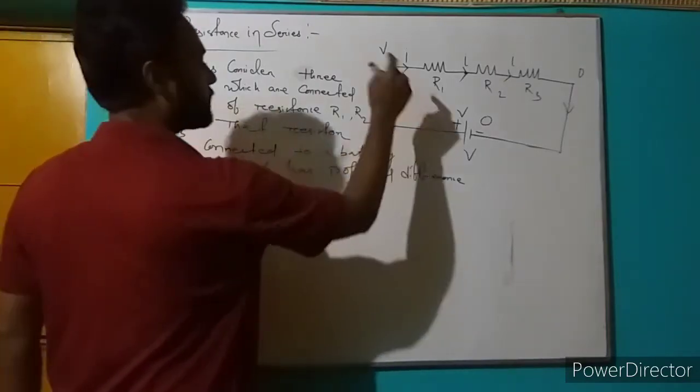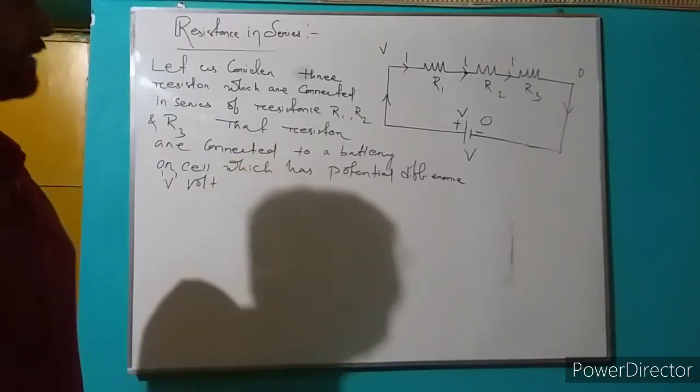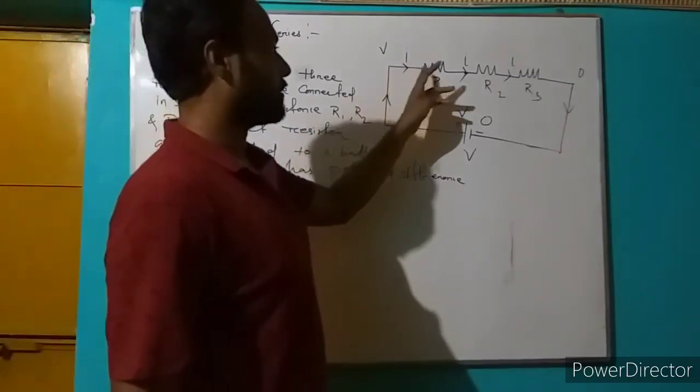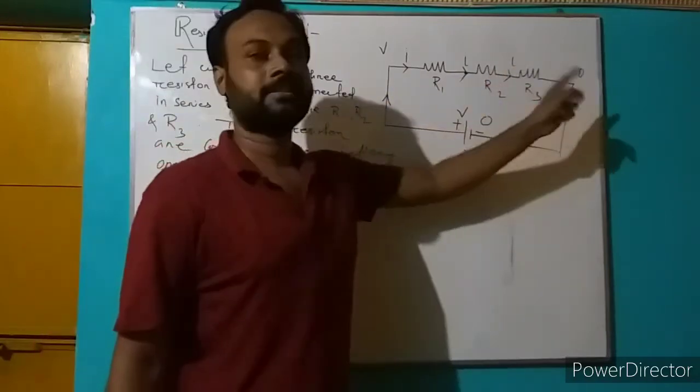So here in series connection, whenever current flows through all the resistors, the current across each resistor remains the same because they are connected in series.